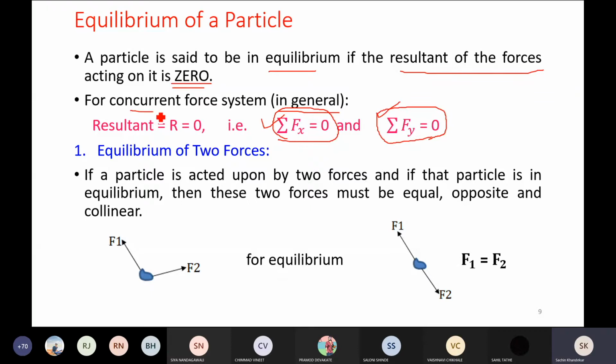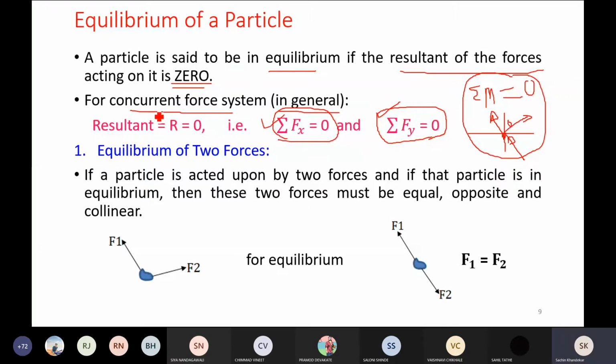For a concurrent force system, summation moment is not applicable, because in a concurrent force system all the forces are passing through a common point, say this point O. That is why the summation moment equal to 0 condition is not applicable for the concurrent force system, whether it is coplanar or in space.